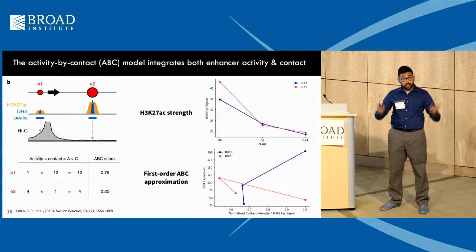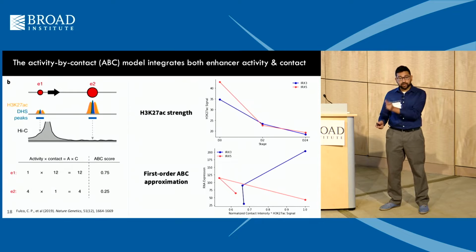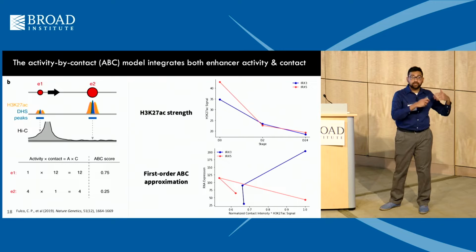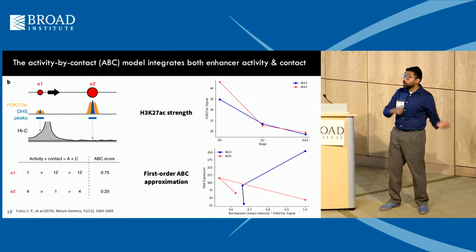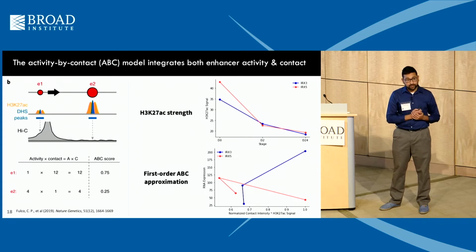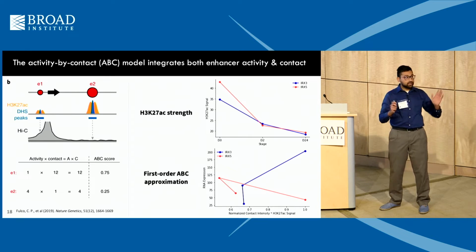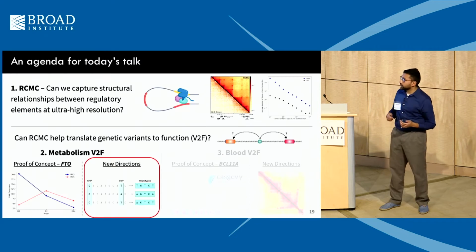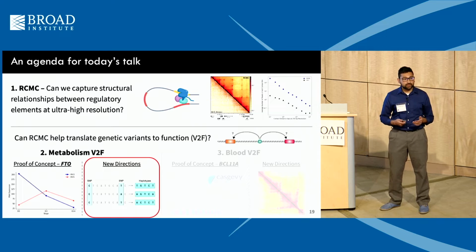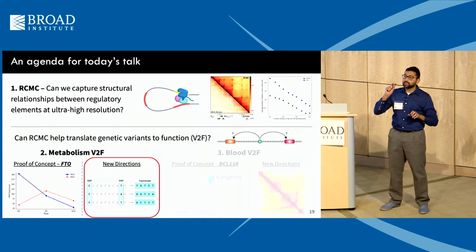Two, the domain upon the edge of which IRX5 sits is the domain that weakens, which may collectively shift the enhancer burden of regulation over the course of the transition. And so this is something that we're looking more deeply into. But for an initial proof of concept, I think we were satisfied that we were able to generate RCMC data using these systems and begin to ask interesting questions that related structural intensity to gene expression.